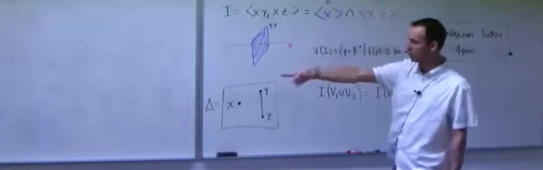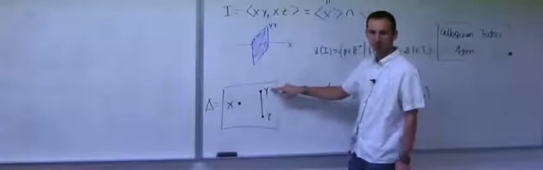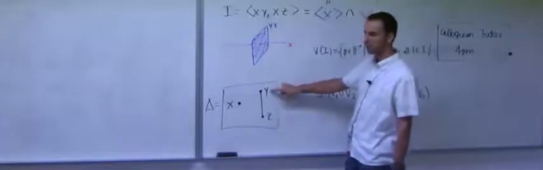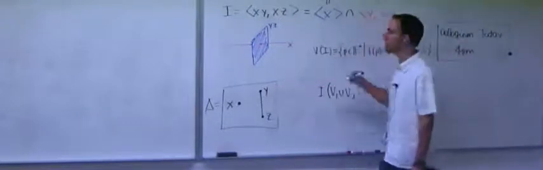Now, in principle, I'm supposed to do this over all faces, right? So, for example, I should also do it for the face y. So y is a face here, so I should get another guy here, which is which one? M to the variables that are not y, sorry, I said x. So the variables that are not y are 1 and 3. So what's the ideal that I get here? It's the ideal (x, z).